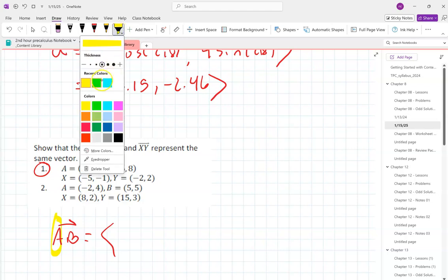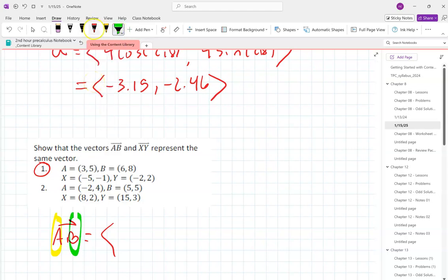What letter's underneath the tail of the picture? What letter's underneath the head of the picture? That's all I need. So A is the tail and B is the head. So the x coordinate is going to be the x head minus the x tail, and then the y head minus the y tail. Done.